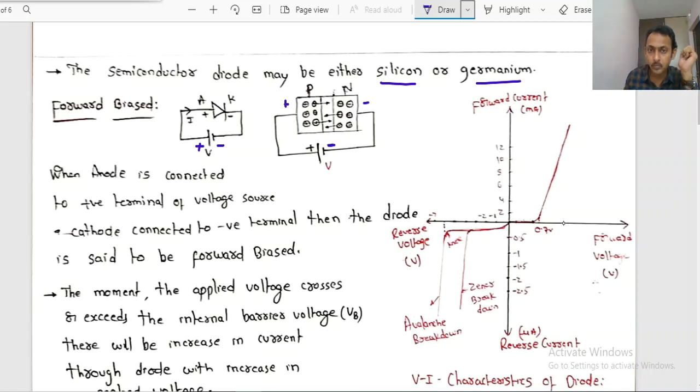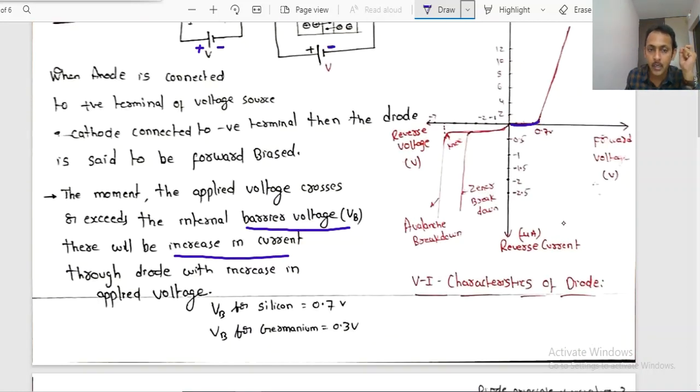Now the moment you cross the barrier voltage, there will be a sudden increase in the current. That point is important. If you observe this graph, up to a certain point, even though the diode is forward biased and the voltage is slowly increased, there is no conduction. The moment you cross the barrier potential, for silicon, the barrier potential will be 0.7 volt.